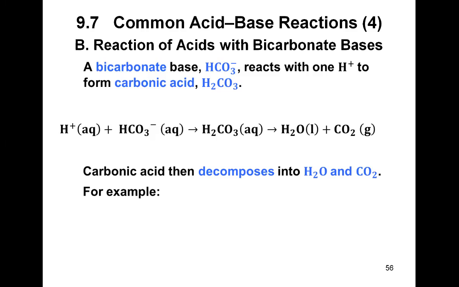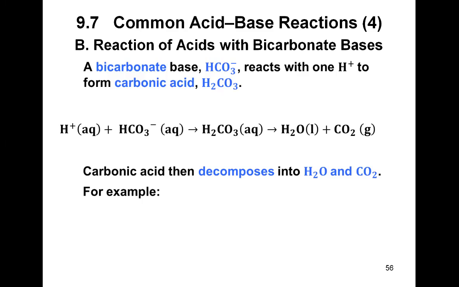Maybe you remember that we talked about carbonated beverages, and carbonated beverages have carbonic acid dissolved in solution. And when you open the bottles of your carbonated beverages, you release the pressure of CO2 that is in the bottle, and this will render the CO2 less soluble in solution.